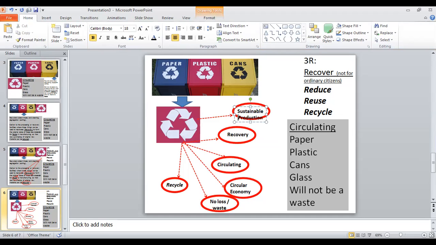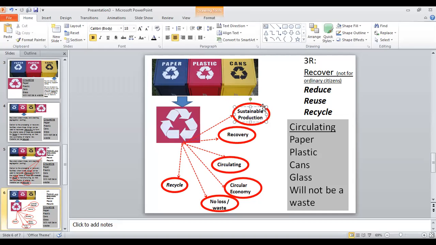Sustainable production. Yes. You are using whatever can be recycled, because the same raw material goes back for production.